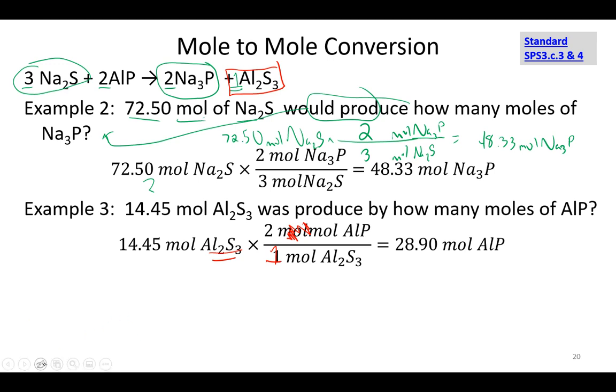Aluminum phosphide is what I'm going to. It's what it's asking about. So that's where this 2 came from on top. It came from the coefficient for aluminum phosphide. Type into my calculator, use the fraction button, whatever makes the most sense to you. And my calculator is only going to tell me 28.9. I got to add that extra 0 for my significant figures.